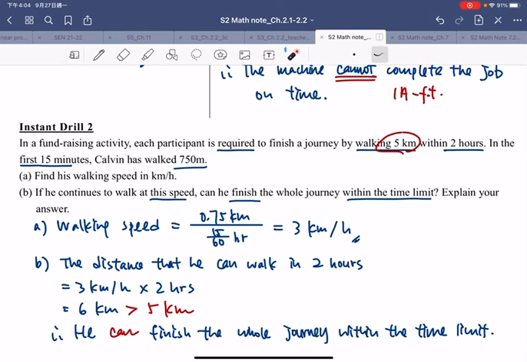So part B, we can find the distance that he can walk in 2 hours, which is 6. So of course he can finish within 2 hours.